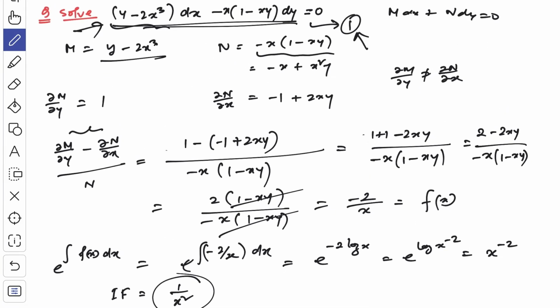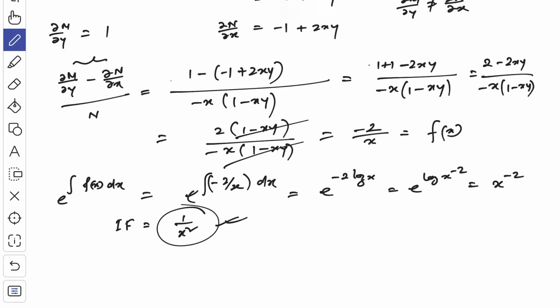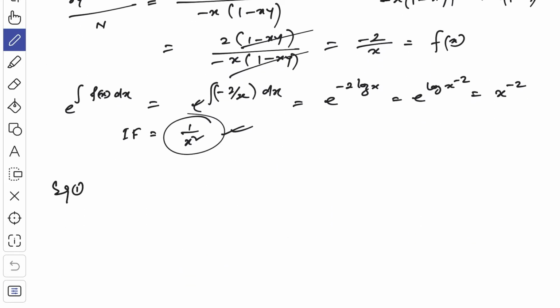If you multiply this equation number 1 by this integrating factor, then what you will get? So equation number 1 is multiplied by 1 by x square, and doing so, what we have got, y by x square minus twice x dx.